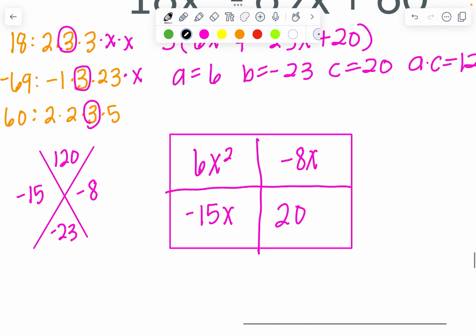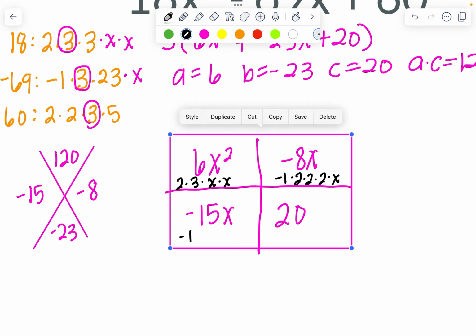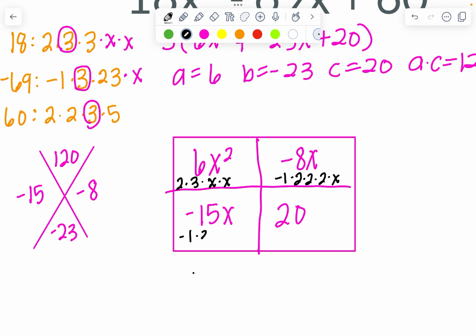If I look at the GCF of each of these now, 6x squared is 2 times 3 times x times x. Negative 8x is negative 1 times 2 times 2 times 2 times x. Negative 15x is negative 1 times 3 times 5 times x. And then 20 is 2 times 2 times 5.